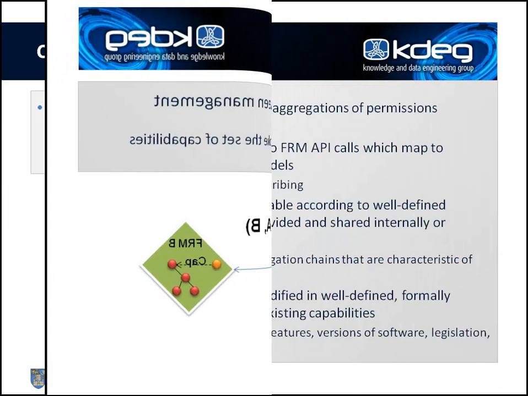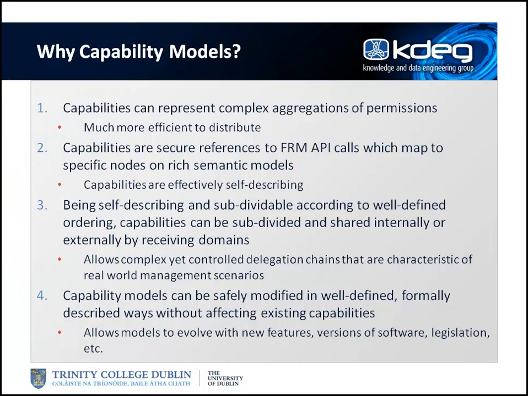Firstly, rather than distributing individual permissions, shared capabilities can represent complex aggregations of permissions. Secondly, as the capabilities consist of API references to semantically rich models, they are effectively self-describing. The combination of these two features allows us to subdivide capabilities in a myriad of ways to create expressive delegation chains.